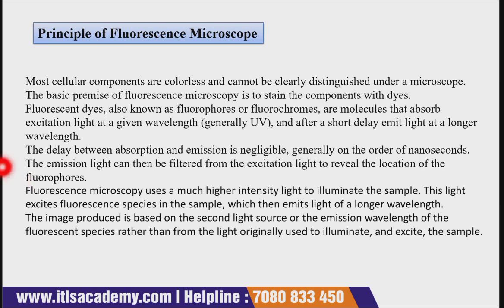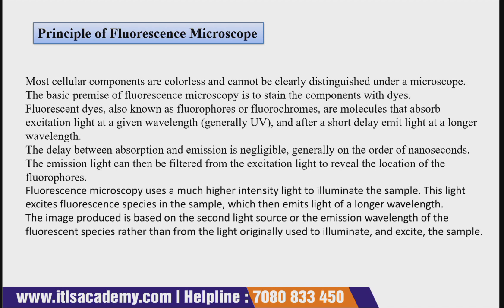Now it is very important to know on which principle fluorescence microscopy works. Most cellular components are colorless and cannot be clearly distinguished under a microscope. So the basic principle of fluorescence microscopy is to stain the component with a dye.